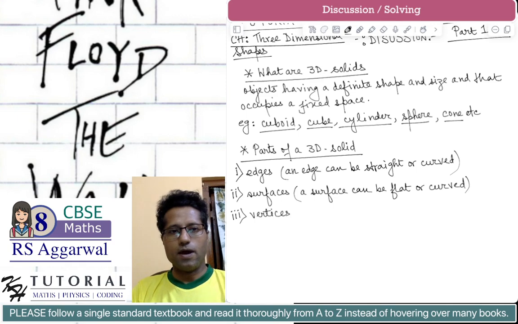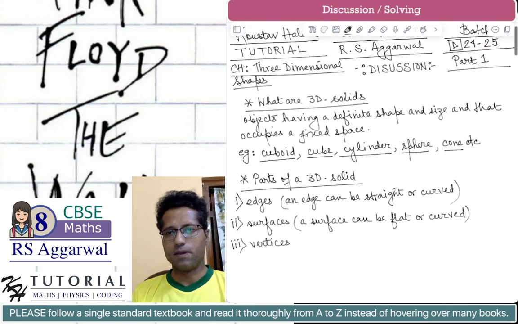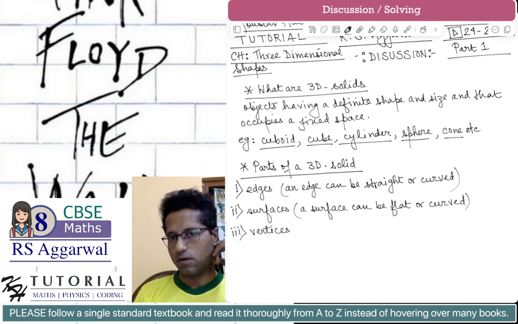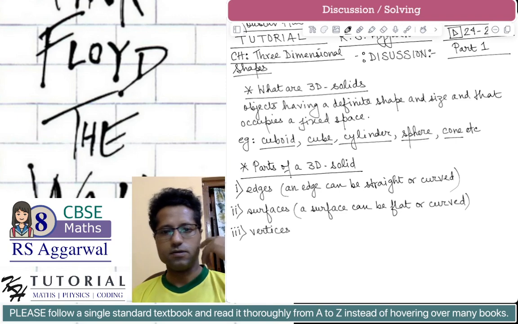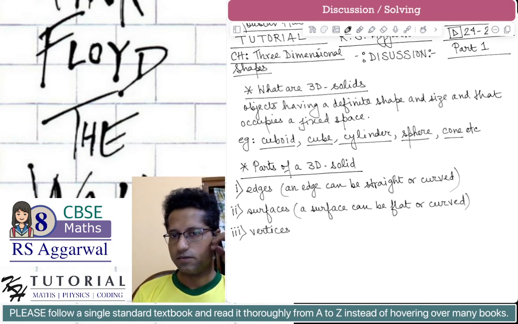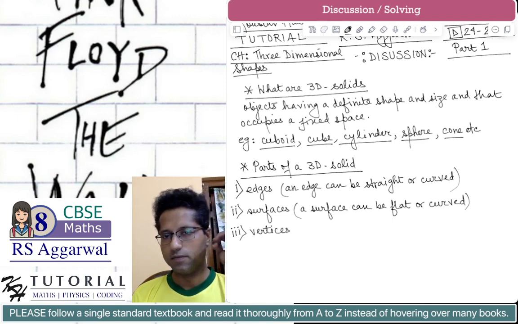Okay, so I have my very basic rough notes prepared for today's topic, which is about three-dimensional shapes or solids. Now, let me quickly check if everything is visible or not. Okay. So what are 3D solids? In short, I've written 3D, which stands for three-dimensional.